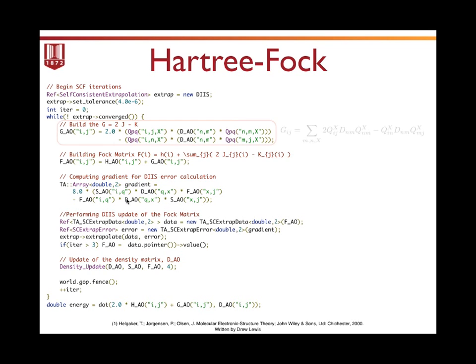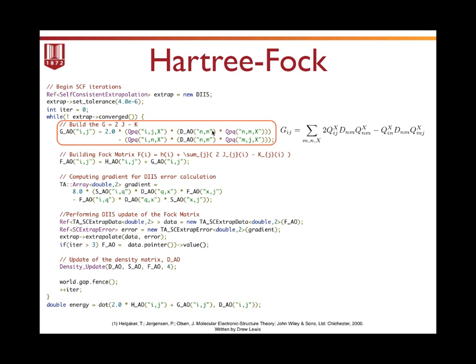So if we look at each of these equations, you can see how they very closely match a mathematical expression. We're assigning G here based on Q times D times Q, and likewise Q times D times Q. You'll notice that the indices for these objects are different each time they appear in this expression.